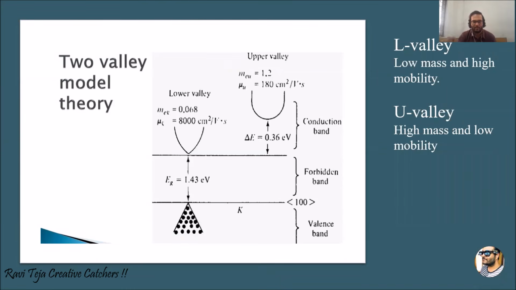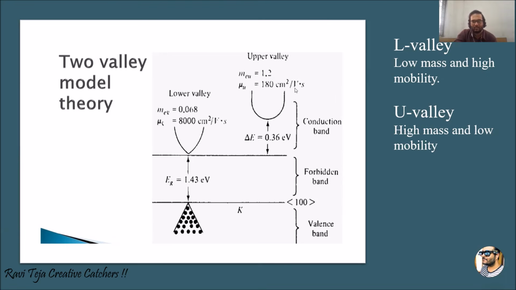Now, at this point, let me put it in this way. Whenever the electrons are in the lower valley, as the voltage increases, the current decreases. At this point, the electrons start going from the lower valley to the upper valley.